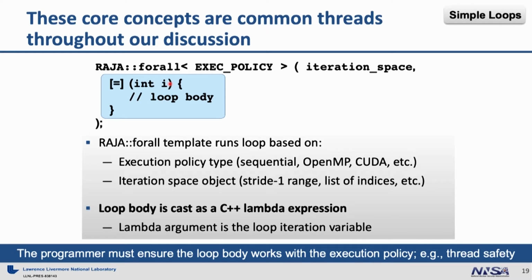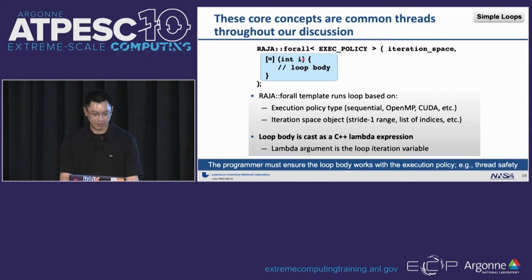So the loop body is a C++ lambda expression, as you've seen, and my colleagues before me have talked about lambdas in quite some detail. But the last point is that you have this lambda, but you still need to think about thread safety in this context.